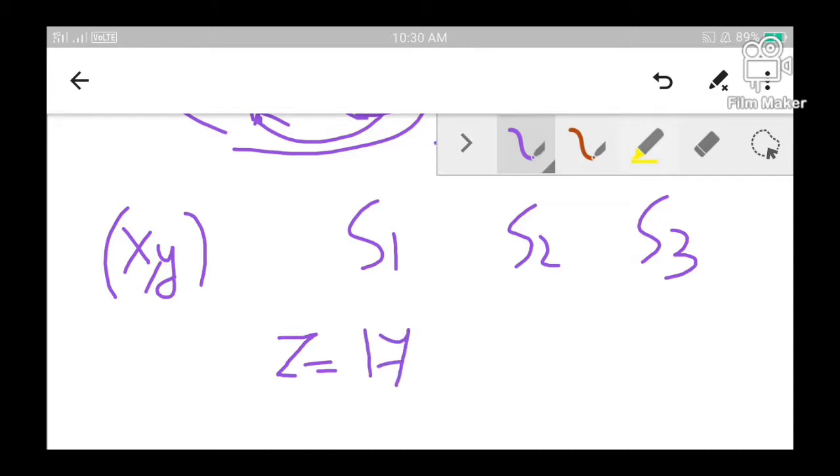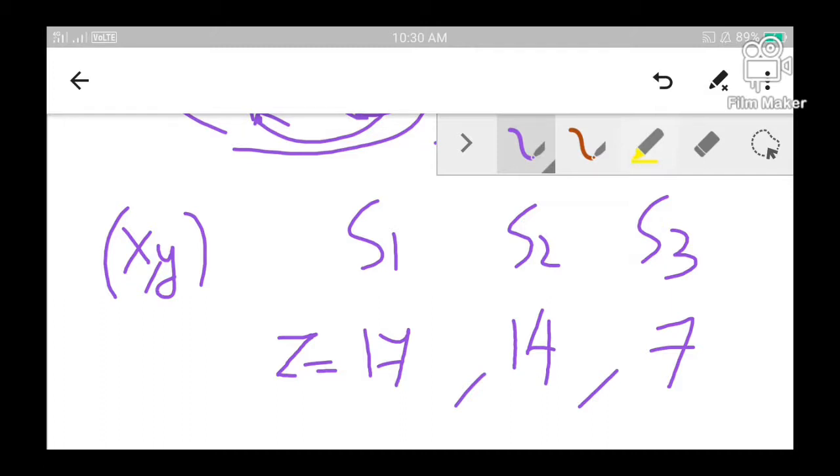But when for the same point Z is computed with respect to surface S2, at the same position xy, we got the value as 14. Similarly, when for the same pixel xy, Z is computed with respect to surface S3, we got the value of Z as 7. This means we got 3 different Z values for the same pixel position.